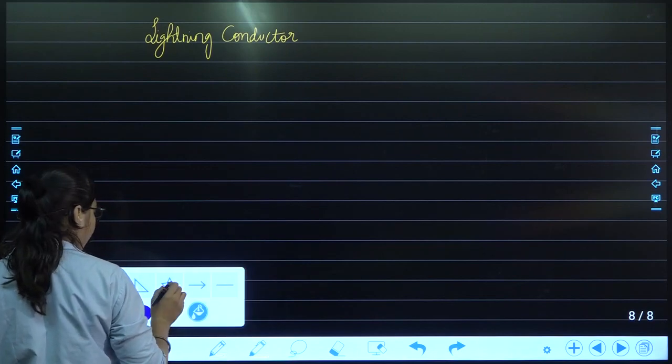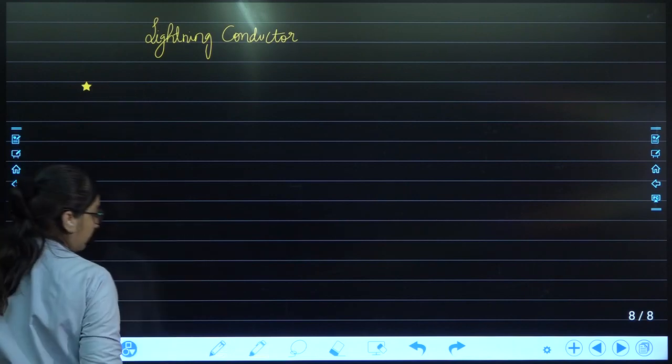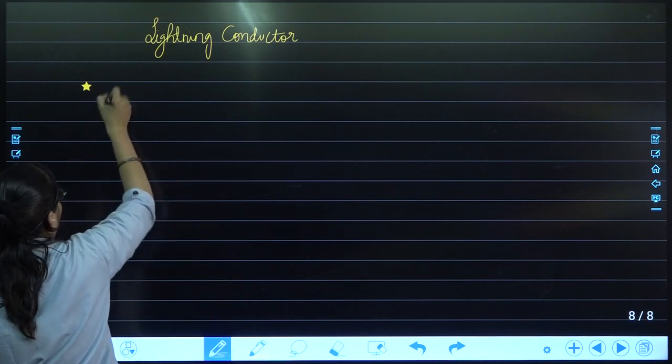What is lightning conductor? It is a tall metallic rod.